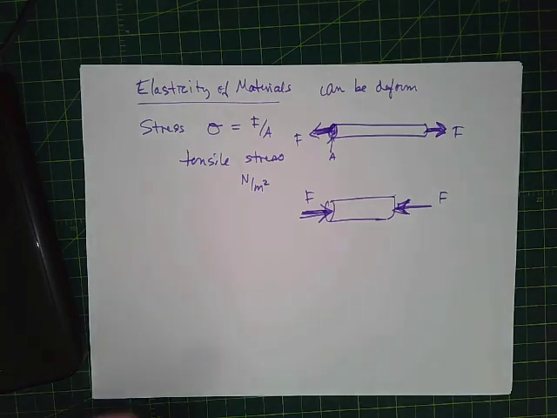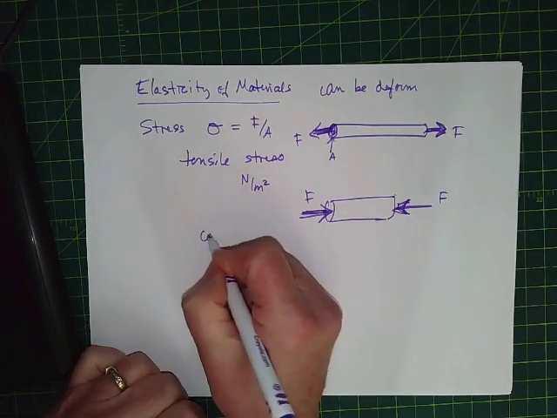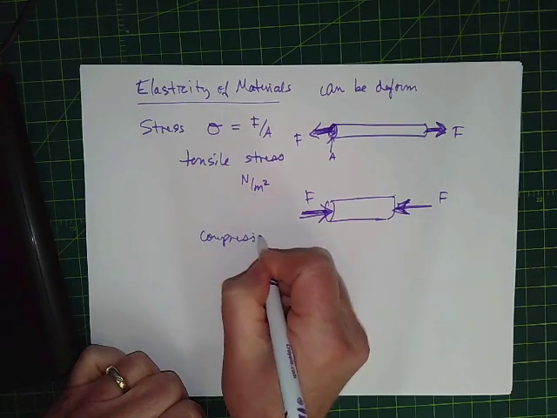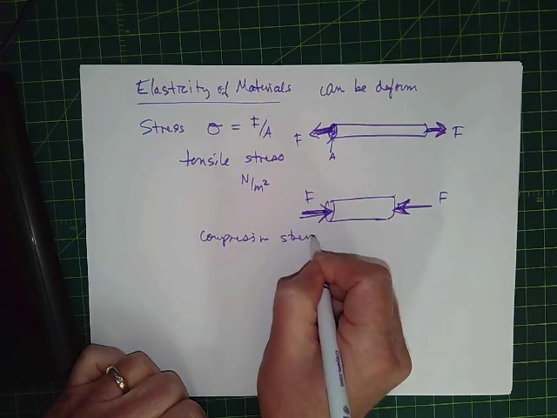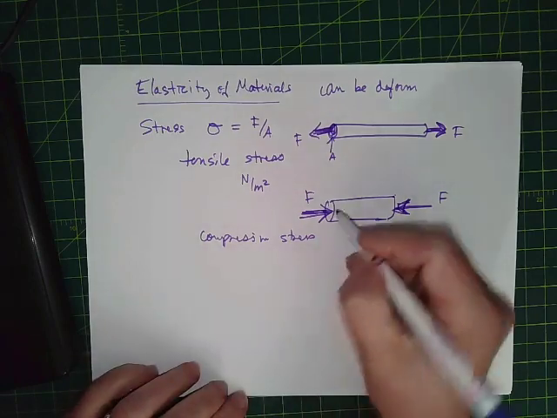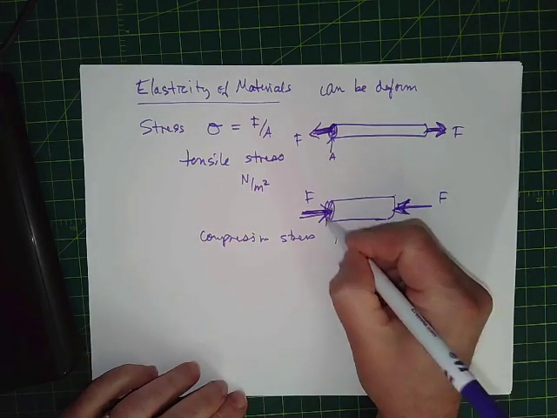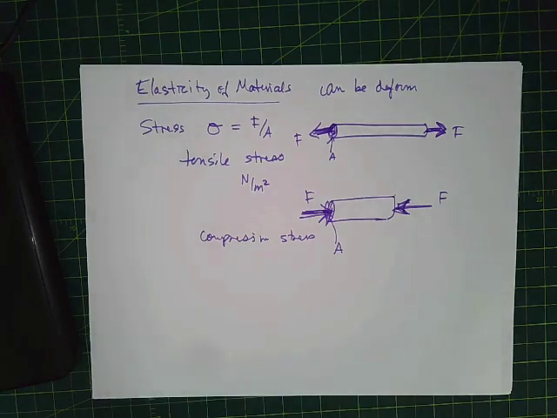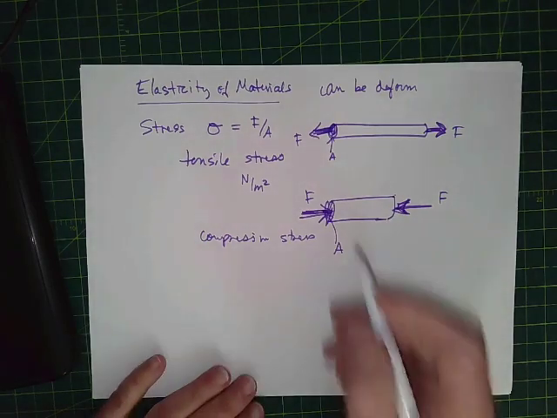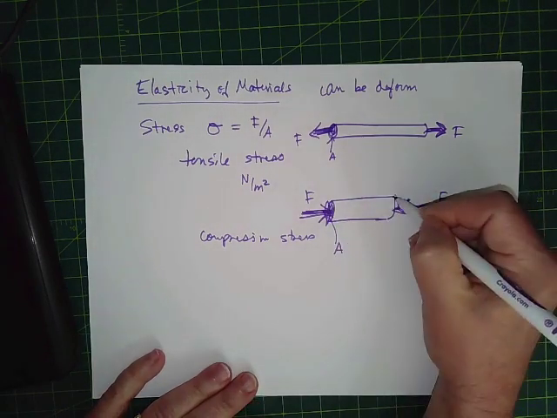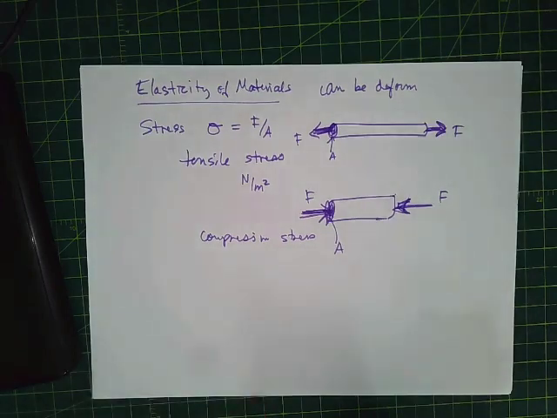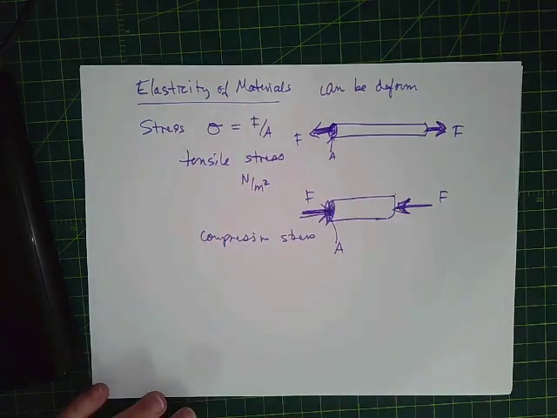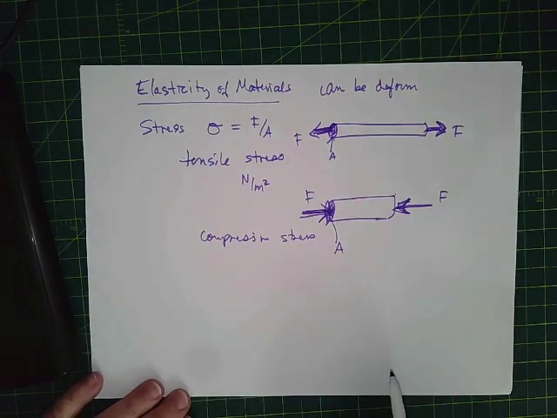We would call this compressive stress, also newtons per meter squared, and we're assuming that the area is the whole area of the beam or whatever thing is being squished. The force is acting over the whole surface area, so we can get the stress as F over A.